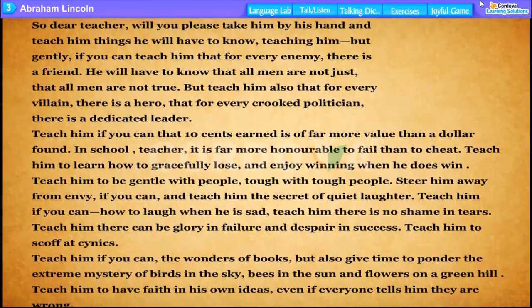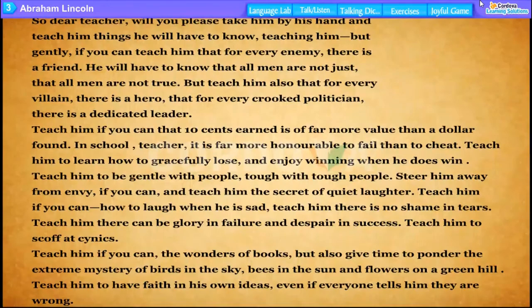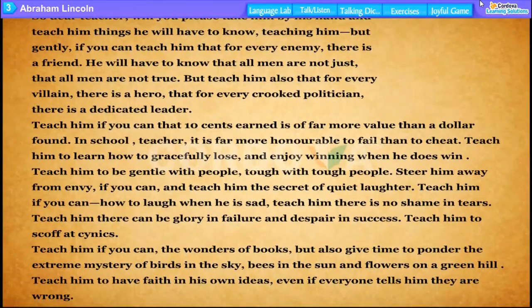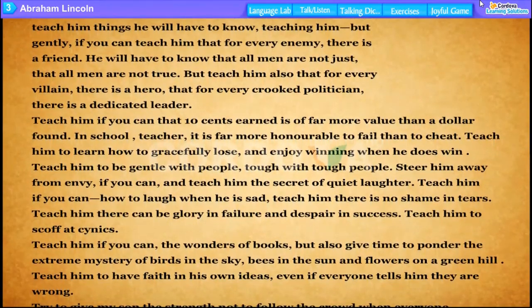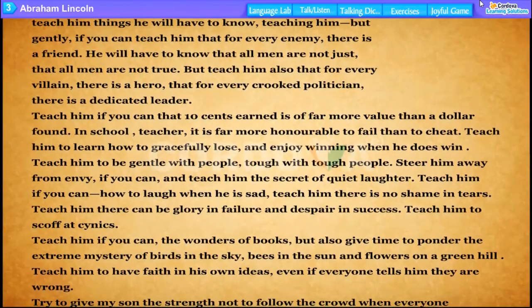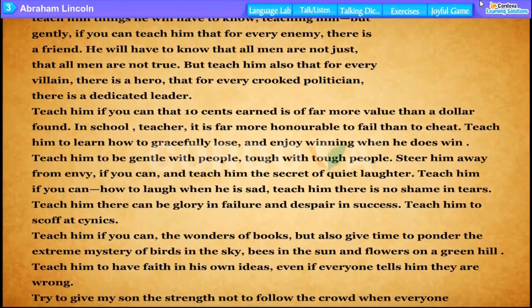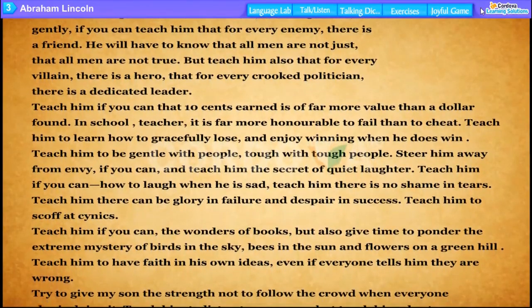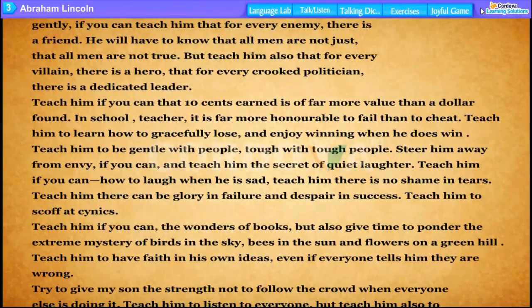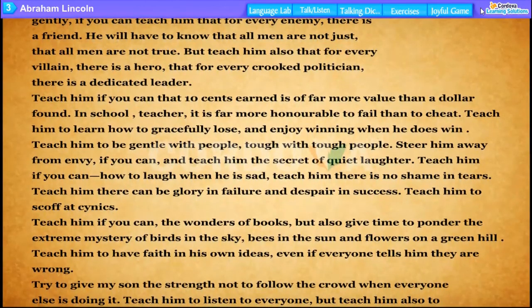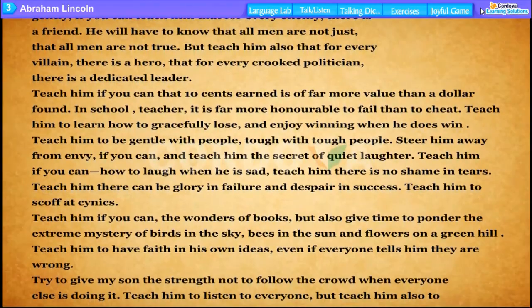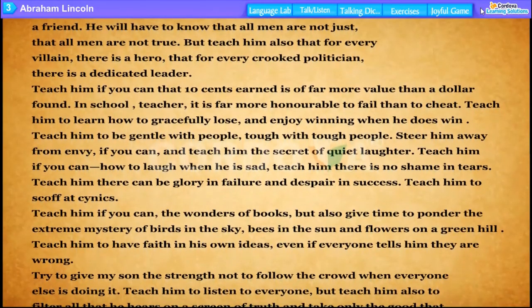Teaching him, but gently, if you can. Teach him that for every enemy there is a friend. He will have to know that all men are not just, that all men are not true. But teach him also that for every villain there is a hero, that for every crooked politician there is a dedicated leader.